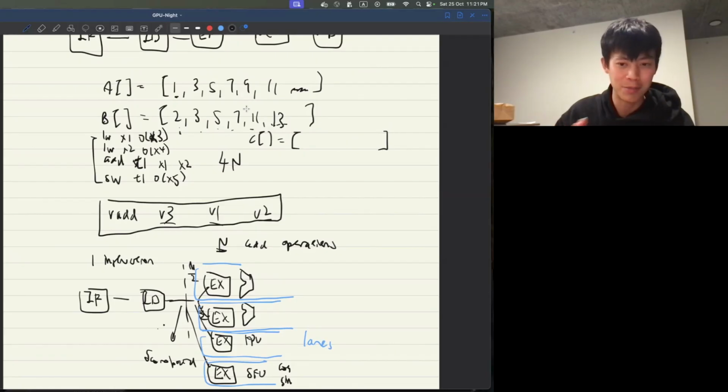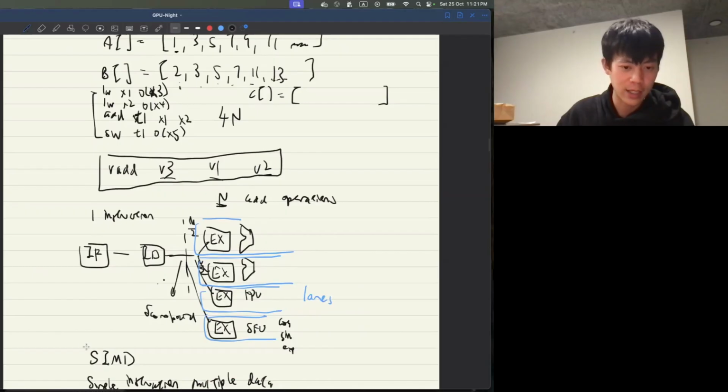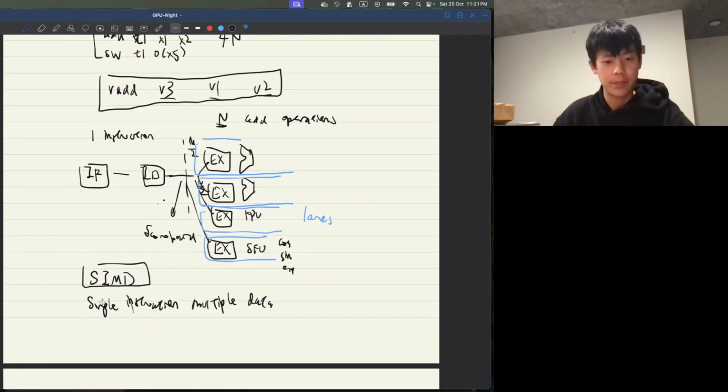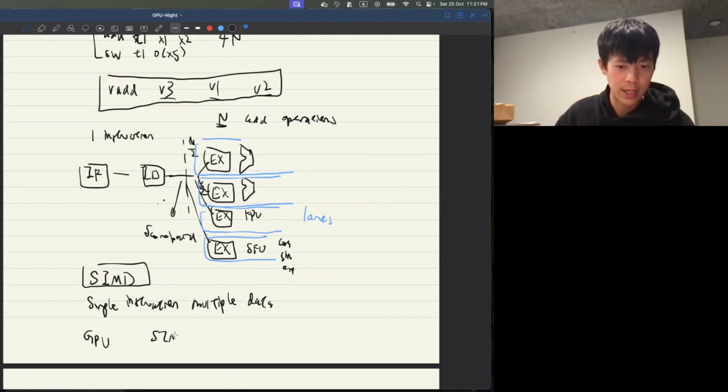You are adding independent data. So vector architecture is trying to solve this SIMD paradigm. Our GPU is trying to solve the SIMT paradigm. Single instruction, multiple, T stands for threads, right?